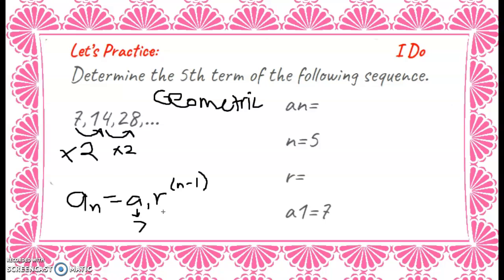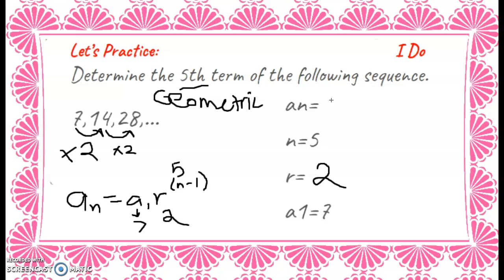We're multiplying by 2 each time. n is going to be 5 because it's the 5th term. So we'll put the 2 here. The first term is 7. The term that you're looking for is the 5th one.